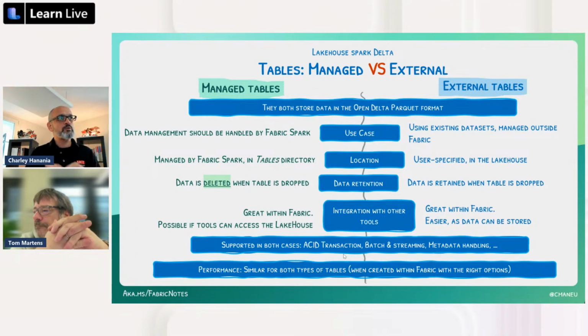You're creating it manually with the structure and the data in there, and it's stored within Fabric. So Fabric itself manages that data, so that if you drop it, you're dropping not only the reference to it, but also the data itself. Did I understand that correctly for managed tables, Tom?